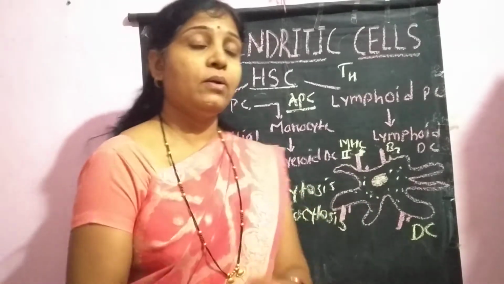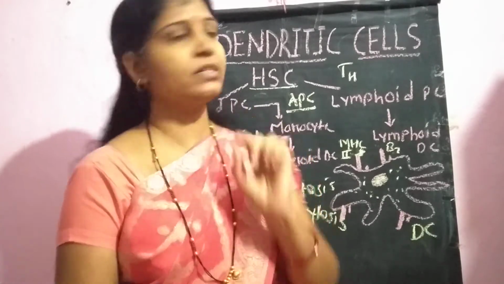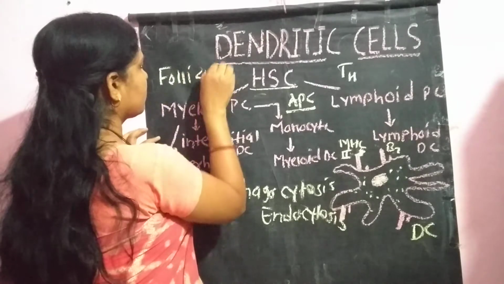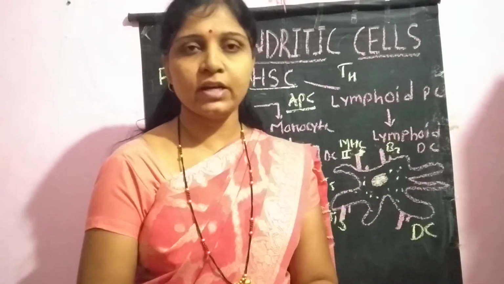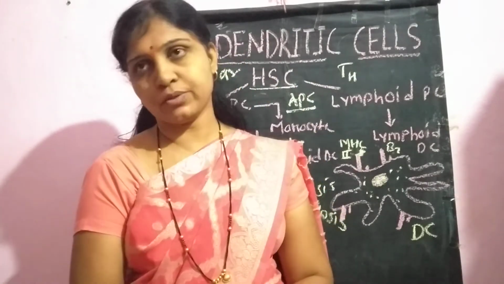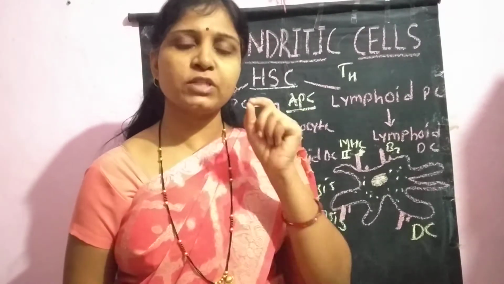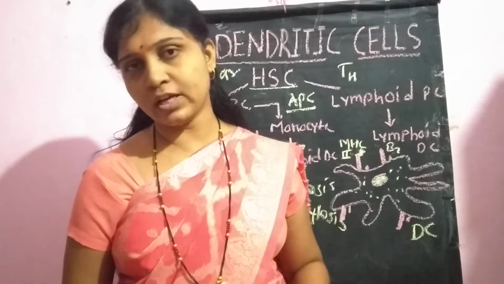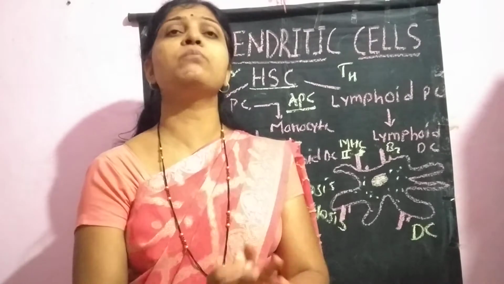Now one type of dendritic cell remains, the follicular dendritic cells. These follicular dendritic cells get their name due to their location. They are located within a specialized structure of the lymph node, the lymphoid follicles, where there is a large population of B lymphocytic cells.